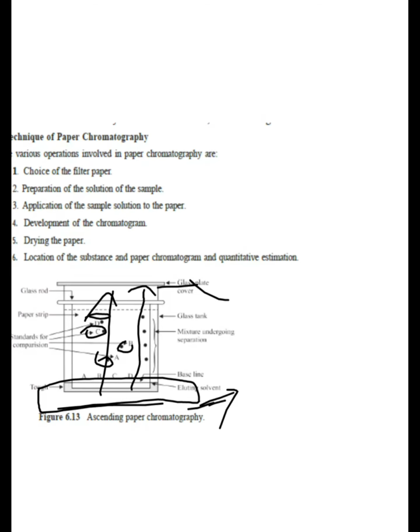Further, the retention factor can be calculated from the distance traveled by the solute divided by the distance traveled by the solvent using this paper chromatography. By getting this Rf value, there is already a standard protocol available.